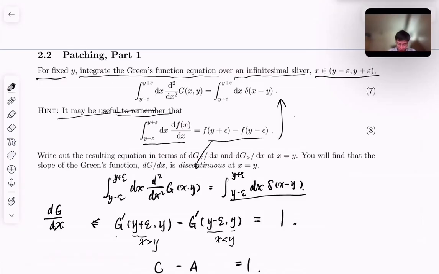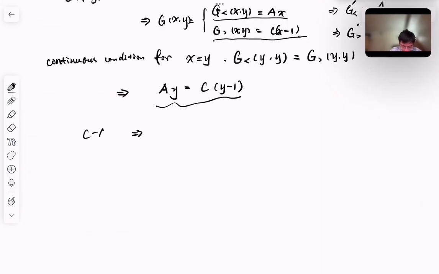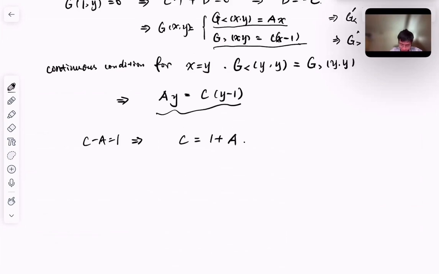We plug this into this form: c minus a equals 1, and c equals 1 plus a. We get ay equals (1 plus a) times something.